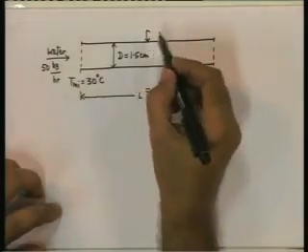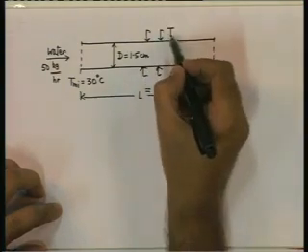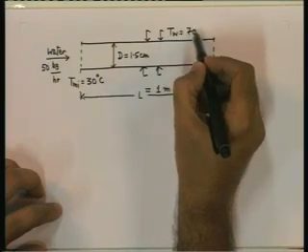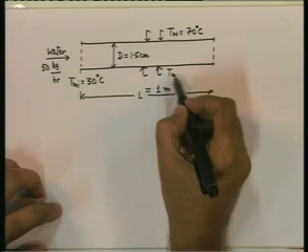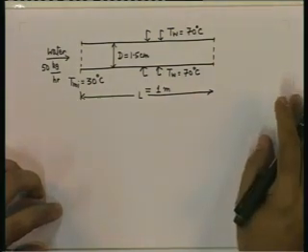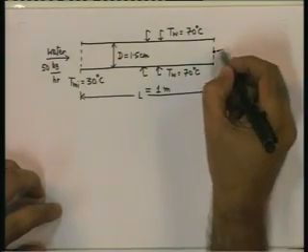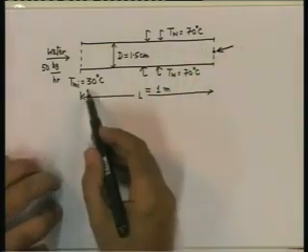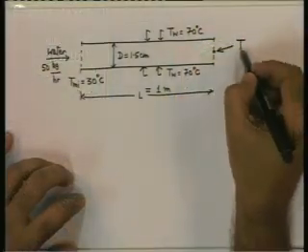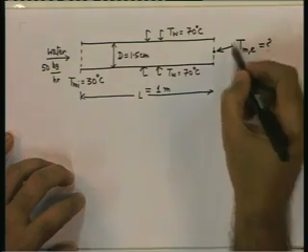The wall of the tube is maintained at a uniform temperature of 70 degrees C. Because the wall is at a higher temperature than the inlet temperature of water, water will get heated up and the exit temperature will be somewhere between 30 and 70 degrees C. Our problem is to determine what is the mean bulk temperature at the exit.